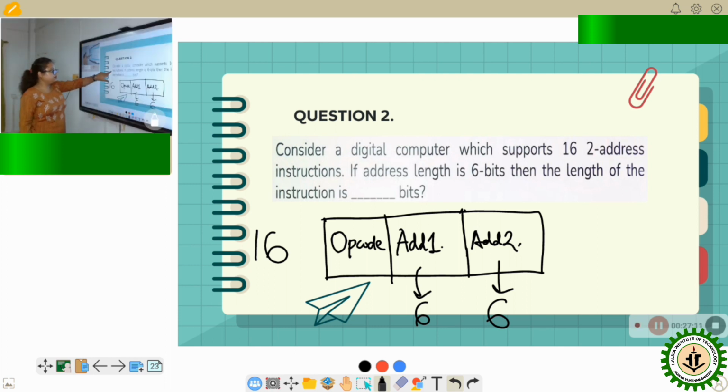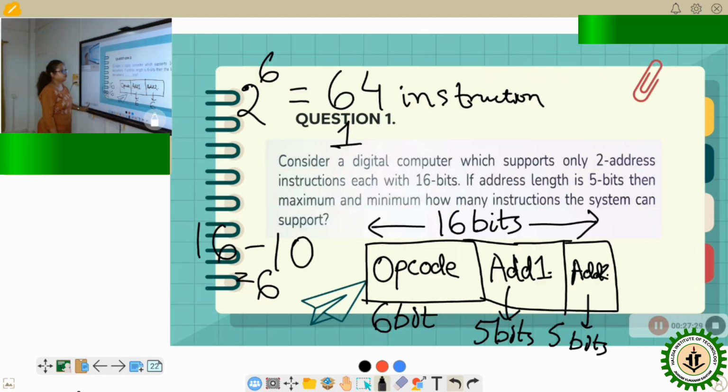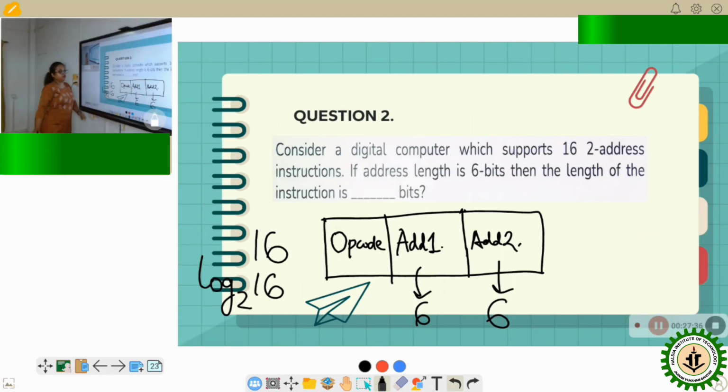The number of instructions is 16. So how to get the value for the opcode? We have to do log base 2 of 16. It has not told that the instruction is 16 bits. Previously it was told that each instruction is 16 bits, but in this problem it supports 16 2-address instructions, meaning the total number of instructions is 16.